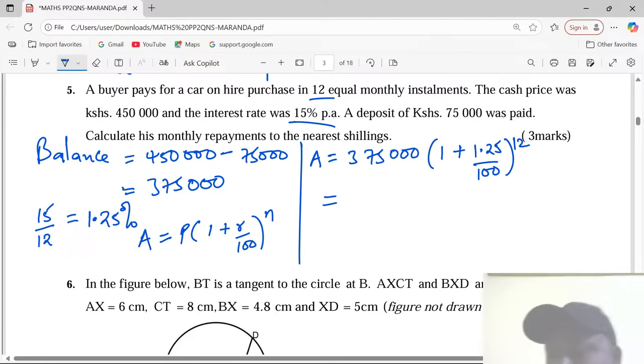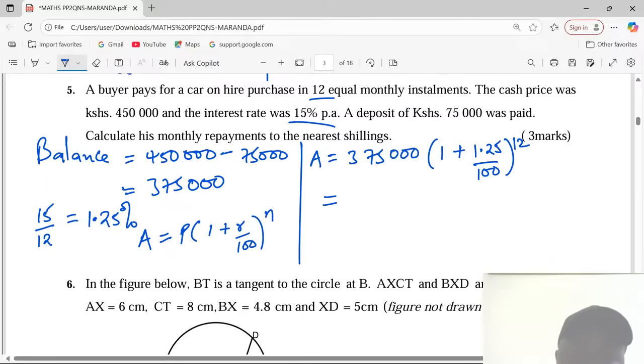So we take 1 plus 1.25 over 100, raise this to power 12, then multiply by 375,000.